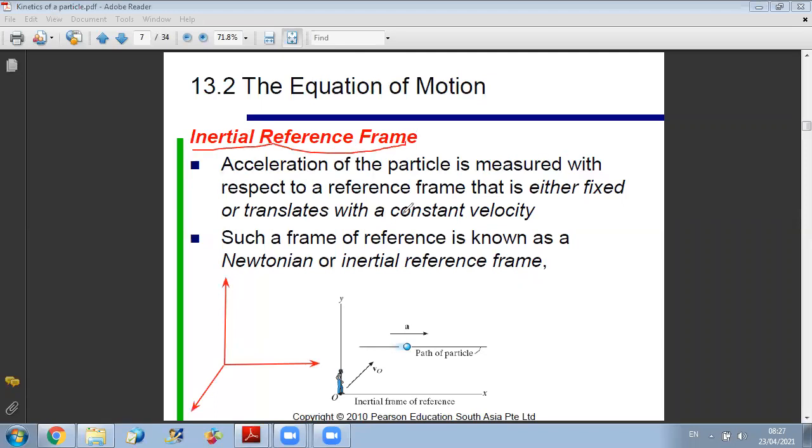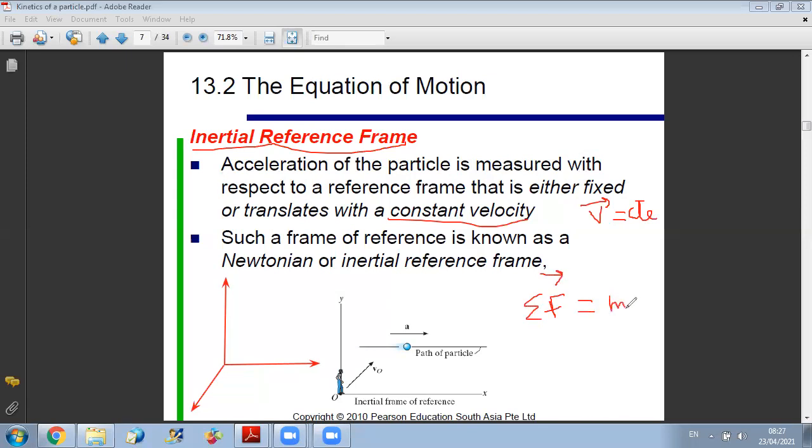What do we mean by that? If we have a moving frame that is moving at constant velocity vector v constant, it means that the frame is translating with 0 acceleration, then we can say that it's an inertial frame. This means that we can apply exactly the same law of Newton in it: sum of forces equals ma.